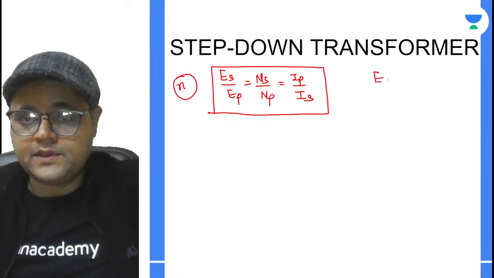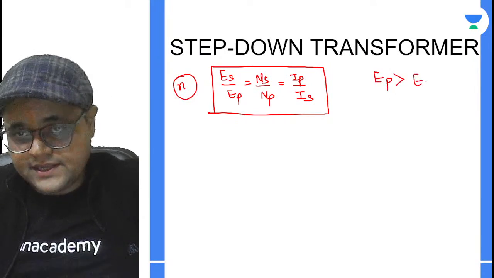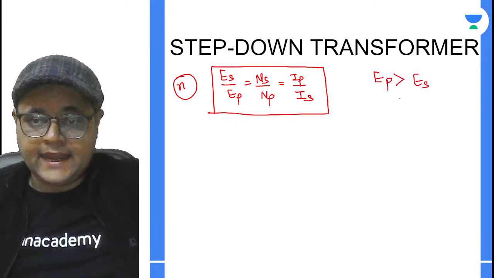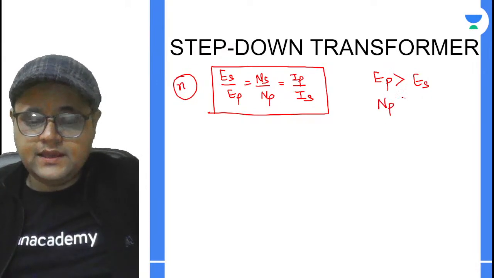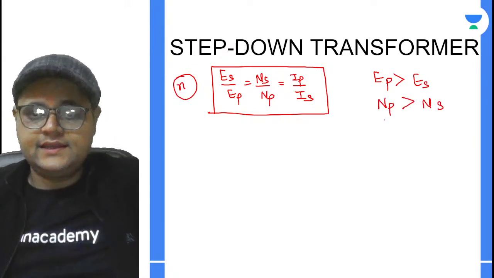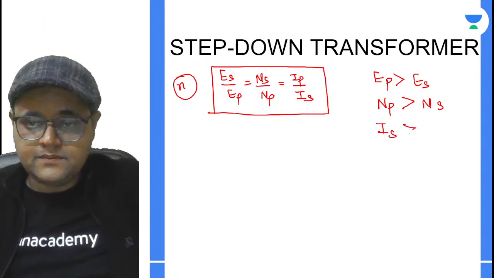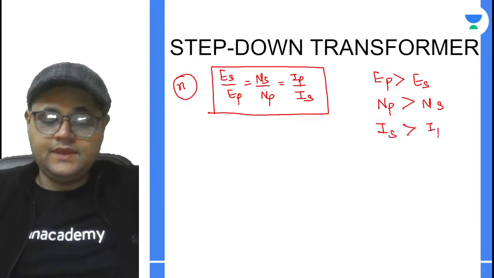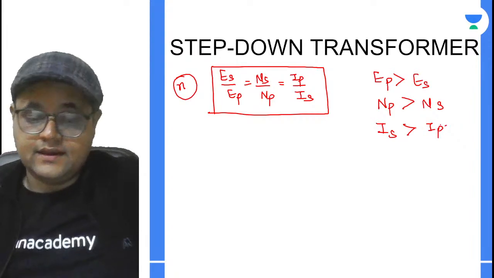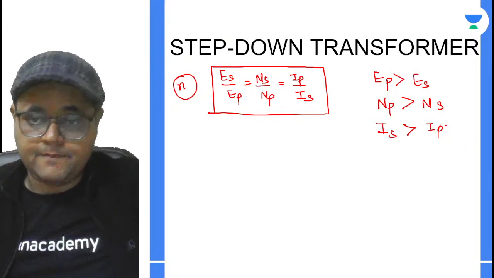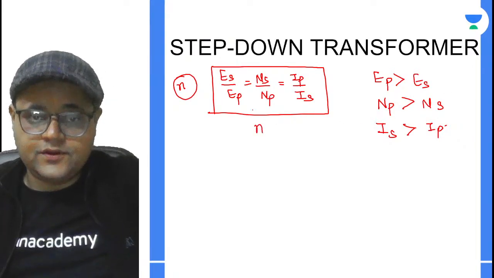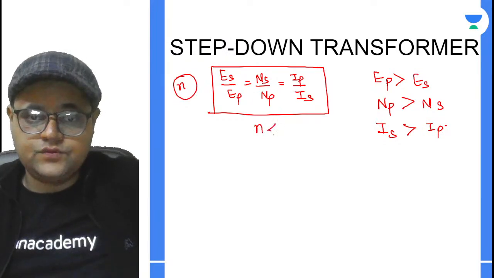So now what will happen? EP will be greater than ES, and NP will be greater than NS, right? And IS will be greater than IP. And then one very important aspect here, the transformation ratio will be less than 1.